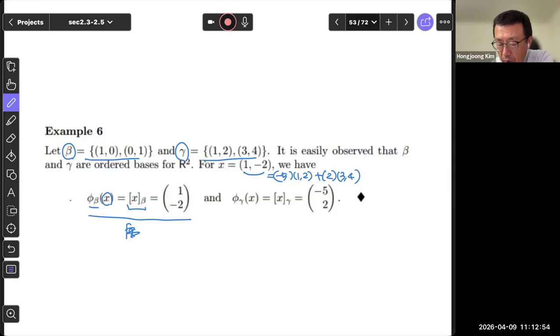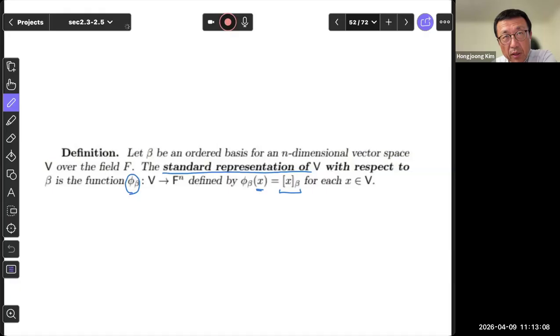So phi sub gamma maps x to the vector (-5, 2). Please be careful: when I say the standard representation of V with a specific basis beta, this mapping maps x to its coordinate with respect to beta.